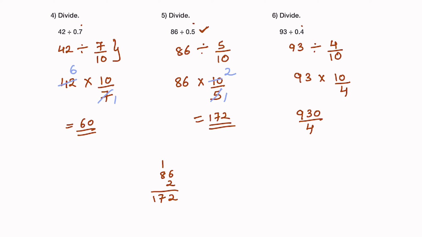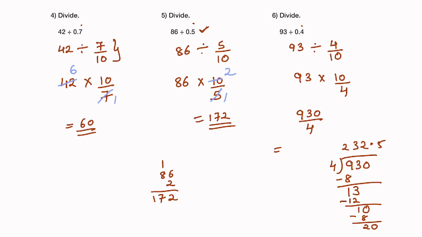So let's do the division here. 930 divided by 4. 4 times 2 is 8. 1 remainder, we take 3 down. 4 times 3 is 12. 1 remainder, we take 0 down. So 4 times 2 is 8. 2 remainder, nothing more to take down. So we'll put 0 there and a decimal there. And we know 4 times 5 is 20. So the answer to this is 232.5.